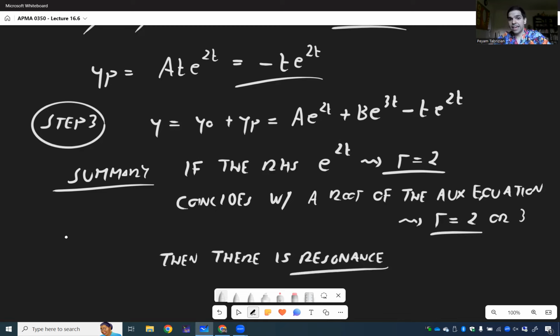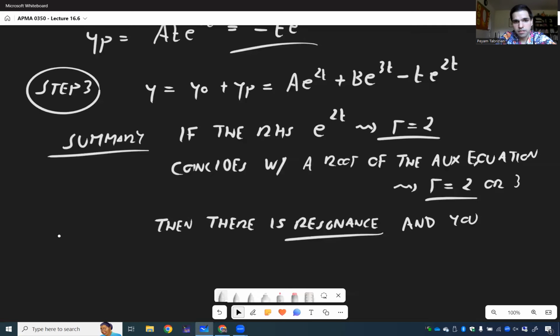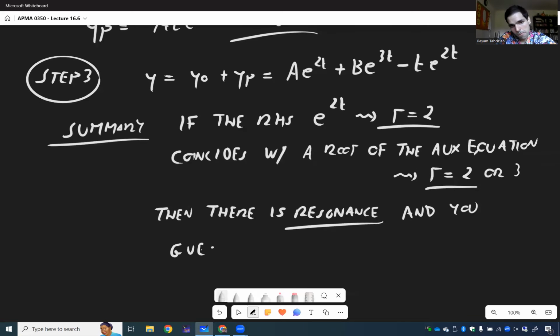And you guess an extra t. That's the short version. Guess yp is a t e to the 2t. And in particular, if you try to do a problem and you find you cannot solve for those constants, it's likely that you forgot about resonance.